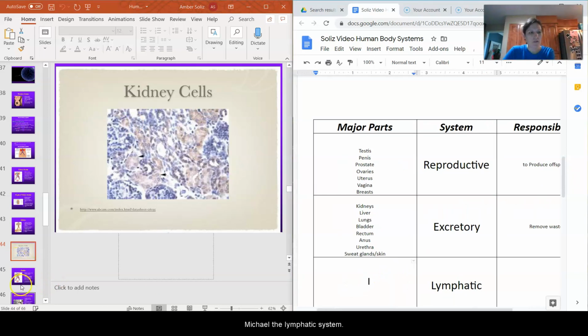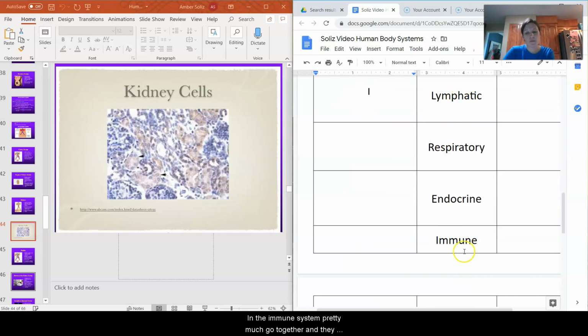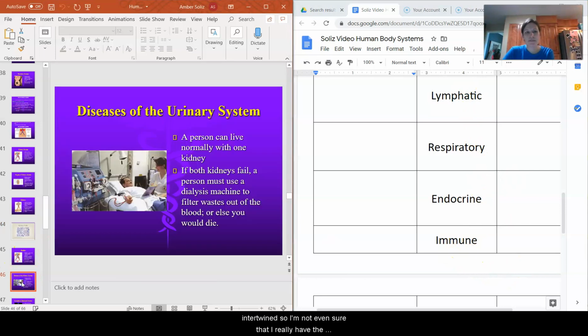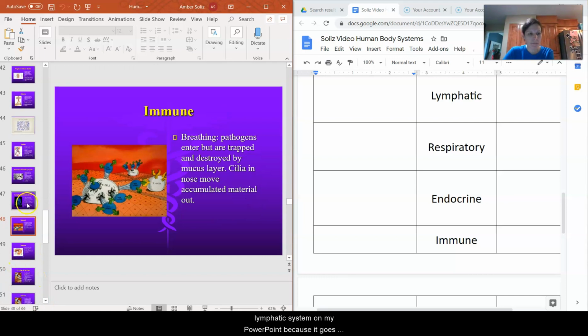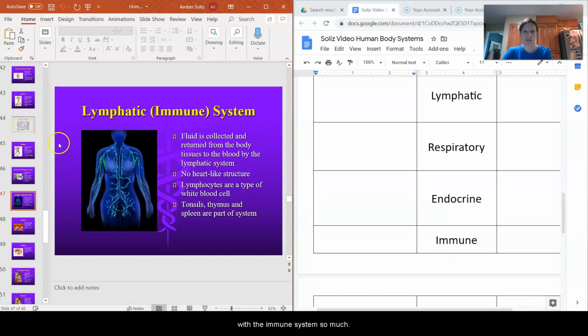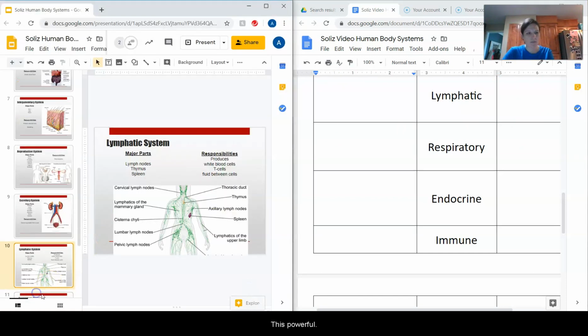All right, so the lymphatic system and the immune system pretty much go together and they intertwine. So I'm not even sure that I really have the lymphatic system on my PowerPoint because it goes with the immune system so much. So the lymphatic system, let's fill them out from this PowerPoint.